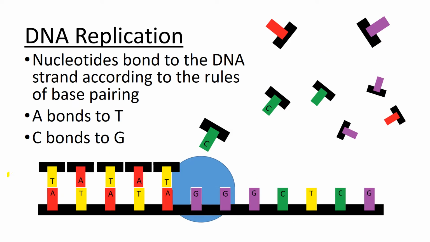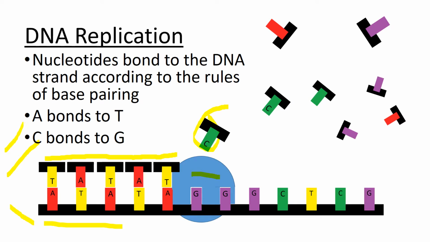In this image, imagine that the replication fork is over here. And here we have our DNA polymerase. We have our free nucleotides. What's happening in this image is this is a new strand of DNA that's been created by the DNA polymerase. So this is our original strand.